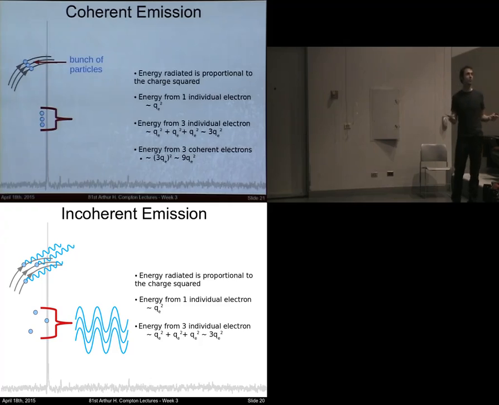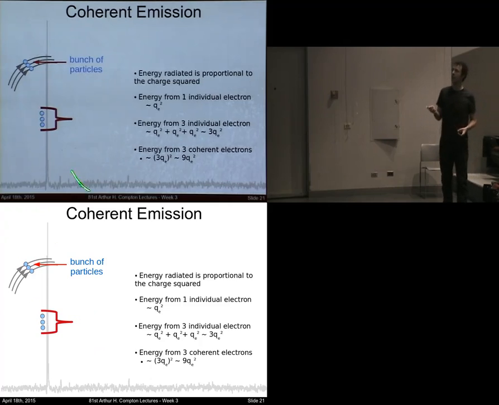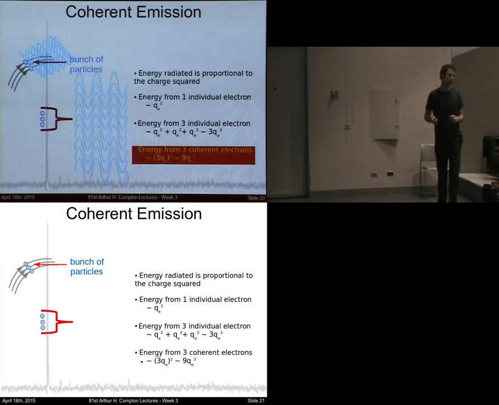If you set up this situation where you manage to get your charges to be close enough and to move at the same speed, then you get coherence. And coherence is a property that, instead of it being proportional to the charge squared for each charge, we can consider these three charges to sort of be one charge. And so instead of it being 3, it's 9.